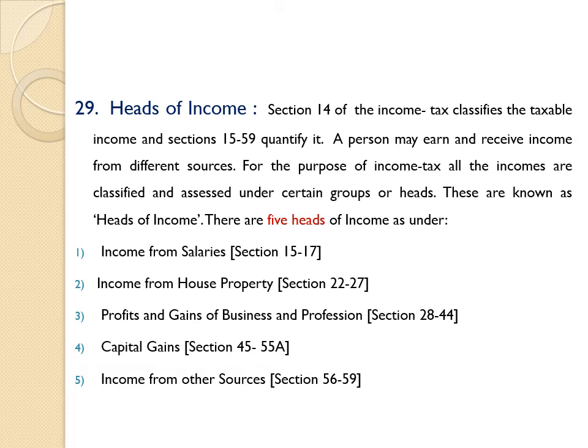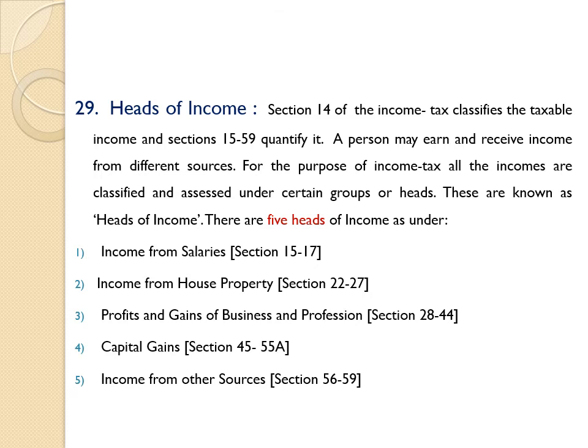Another head, number 2, income from house property, sections 22 to 27. A person has property and that property is let out by him on rent. So rent received is income received from house property.